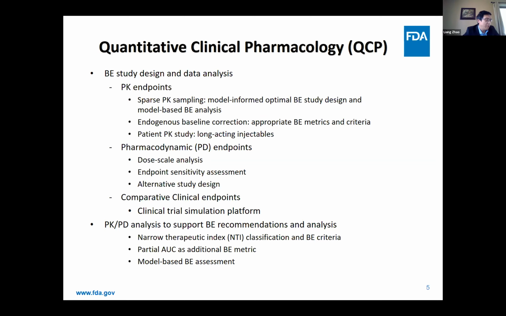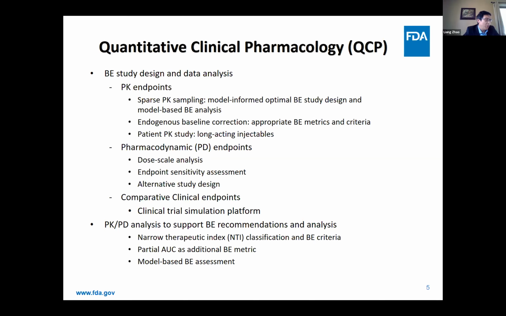When using PK endpoints, sparse PK sampling, endogenous baseline corrections, and long study durations for long-acting injectables can pose challenges in practice and assessment. Model-informed or model-integrated approaches serve as the very tool set to optimize study design, evaluate BE metrics, assess BE acceptance criteria, and reduce study duration and sample size.